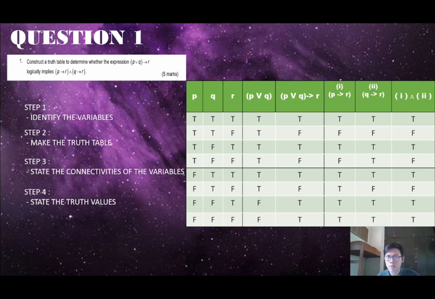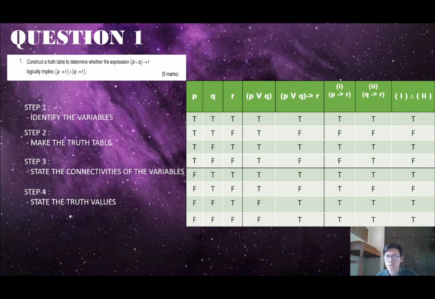So here we can put symbols to indicate the components of the expression. The first component, P implies R, will connect with the AND of Q implies R. Since the connective is AND, both the first component and the second component must be true.